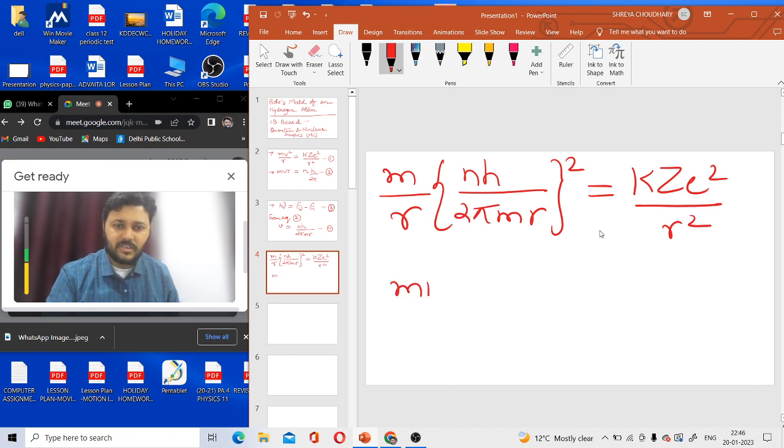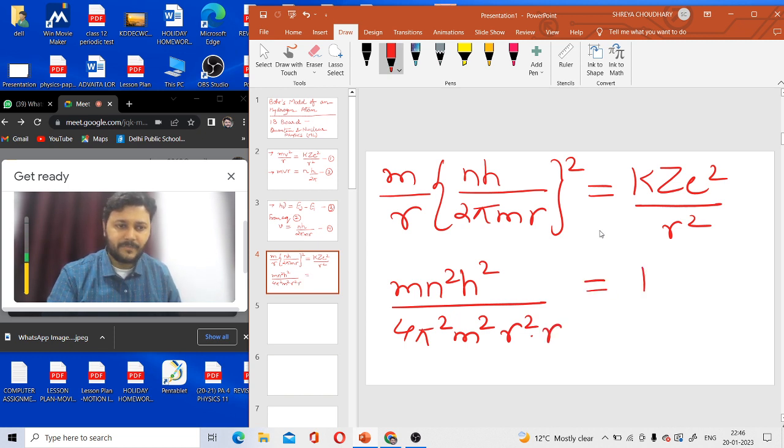On rearranging, m n square h square upon 4 pi square m square r square, this r will be kept over here, equals kZe square upon r square. So on cutting these values, we can cancel out m with m.